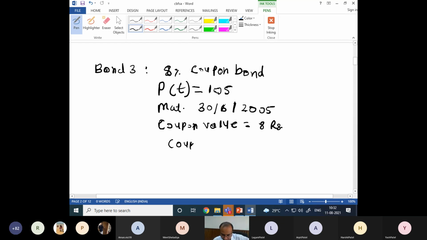Now these coupons are paid on 30th June 2003, June 2004, and the last coupon we get on 30th June 2005.